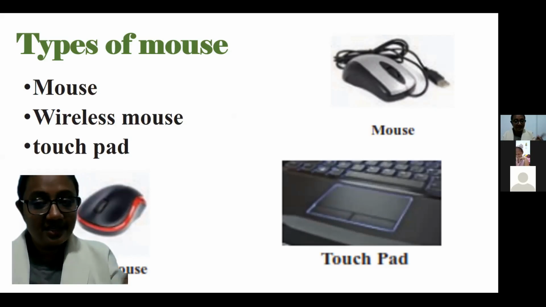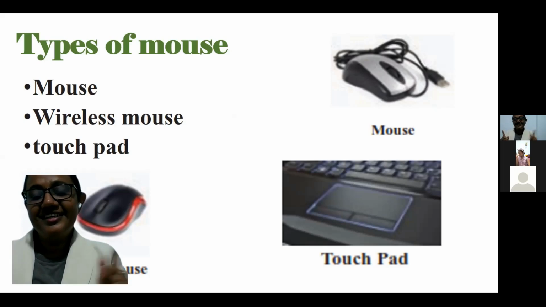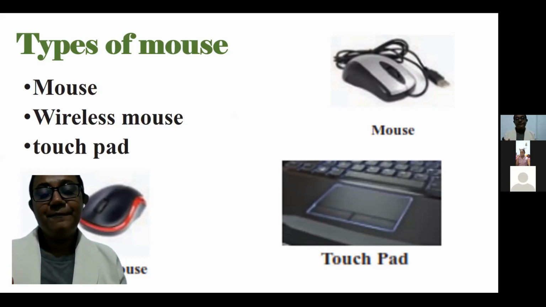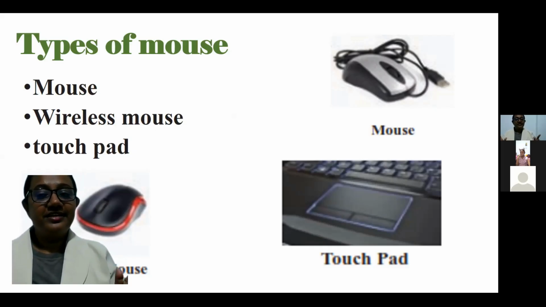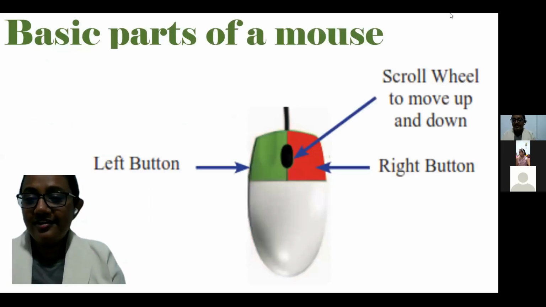Left button, right button, and in the middle we can see the scrolling wheel, right?